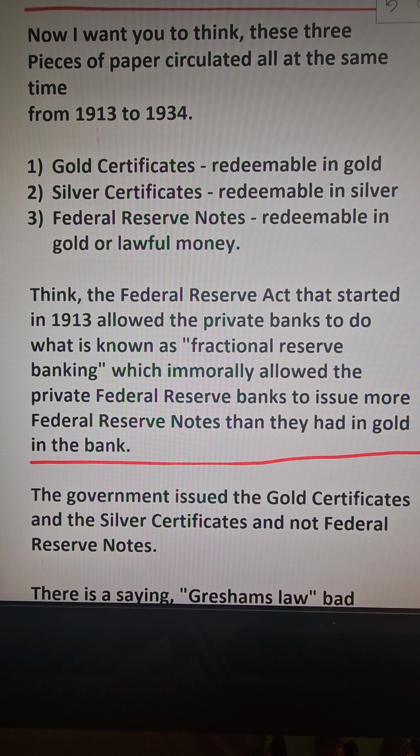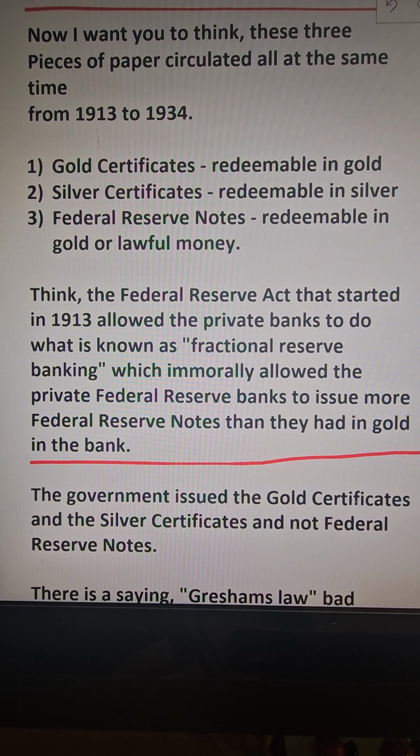They sold them to the private Federal Reserve, and they were redeemable in gold or lawful money. Now, I want you to stop and think. Everybody assumes the Federal Reserve is a private bank and the banks are all a private business, and they're not. So the silver and gold certificates were redeemable from the Treasury. That's the difference.